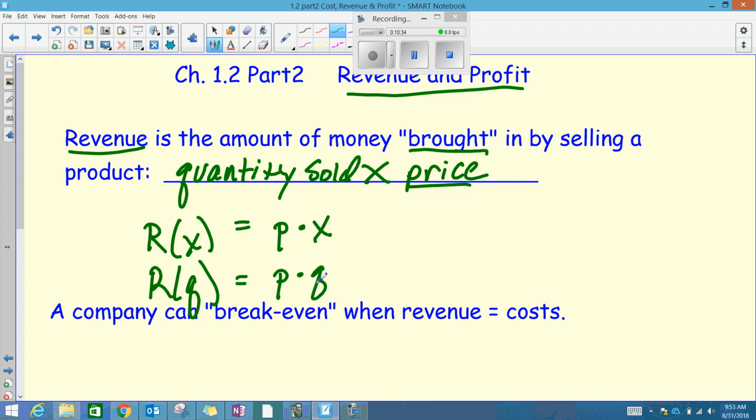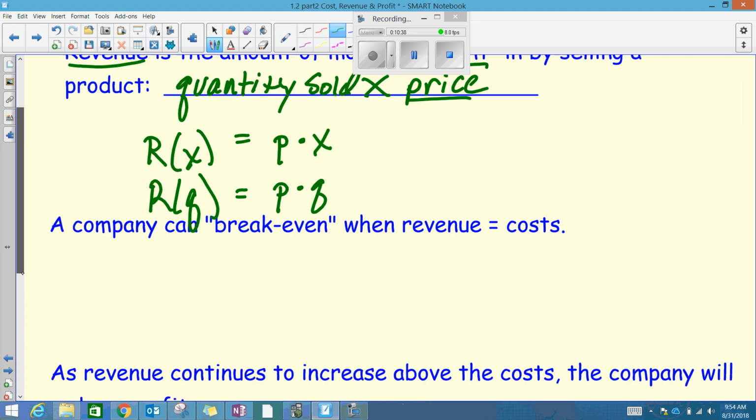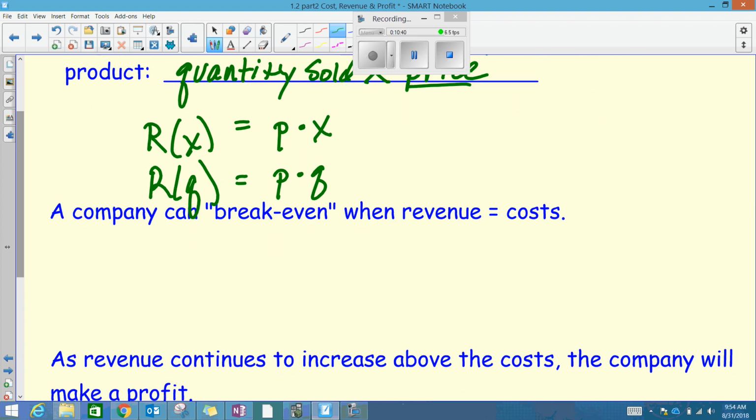Now, the company can break even when the amount of money they bring in from selling something equals the amount of money it costs them to make it. So if your cost to make those cupcakes was $500 and you were able to bring in $500 by selling them, then you broke even.